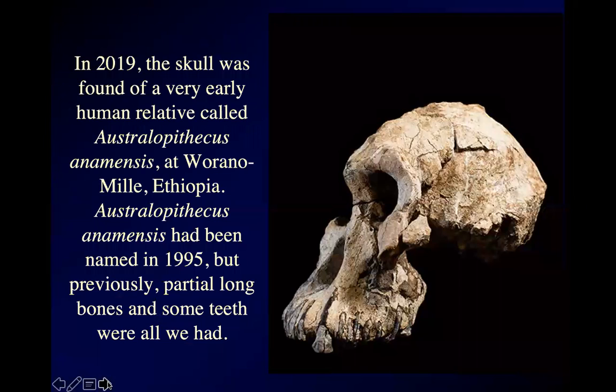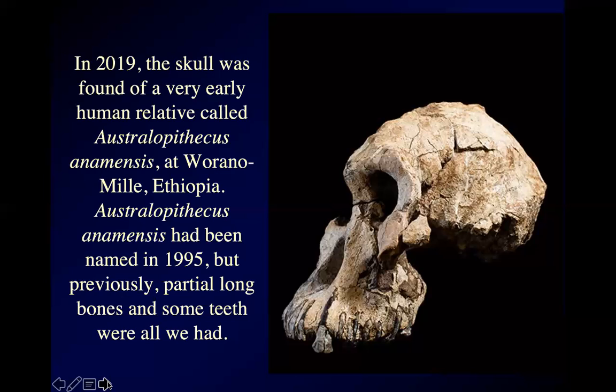Just in 2019, we knew about an early human relative that we called Australopithecus anamensis, and we'd known about it since 1995. We didn't know much about it because all we had before 2019 were pieces of the long bones, the arms and the legs, and some teeth. So we couldn't say a lot about what this thing looked like.